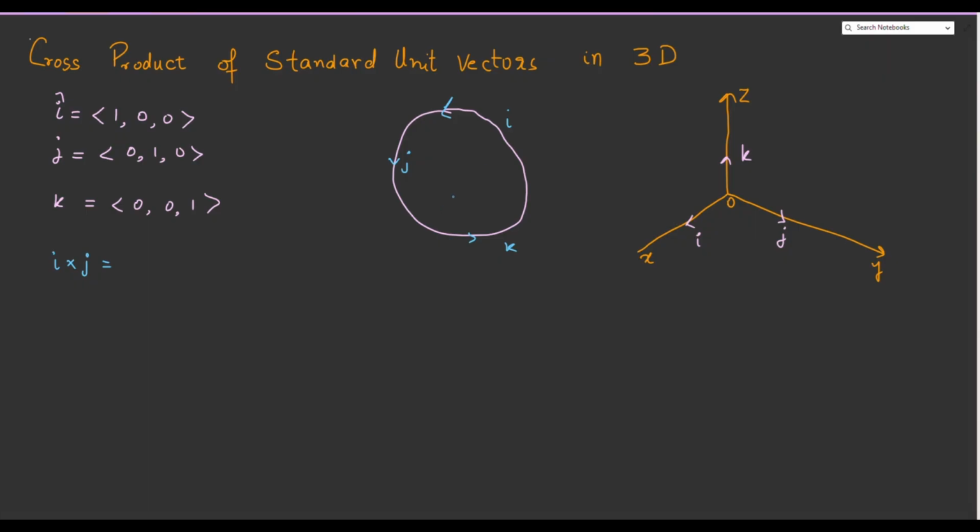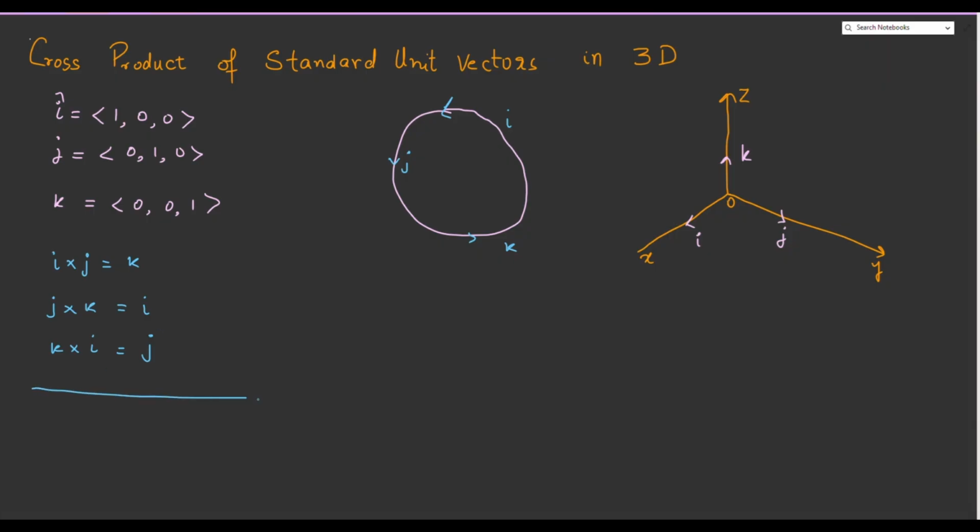It will be the next vector. I cross J is equal to K. J cross K is equal to the vector I, and K cross I is equal to the vector J.